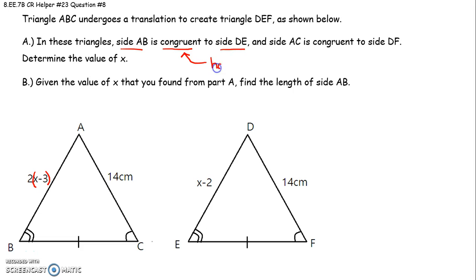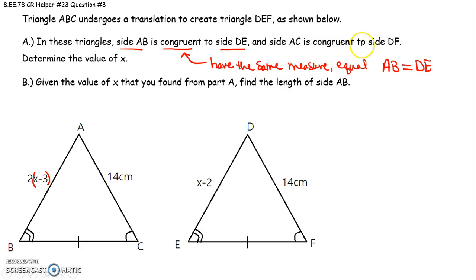Congruent means have the same measure, which means we can set the two sides equal to each other. Tells us AB, that length, is equal to the length of DE. So I think that's probably an important fact. AB is equal to DE.